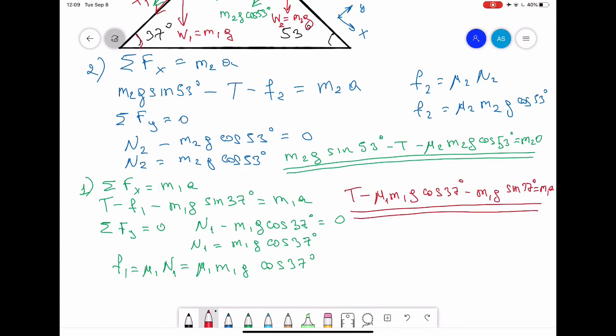Okay, so in this case we have two equations and two unknowns. The first thing that you have to do is cancel the tensions. If you add these two equations, then you will end up canceling the tension. So if you add these two equations, then what will we get?